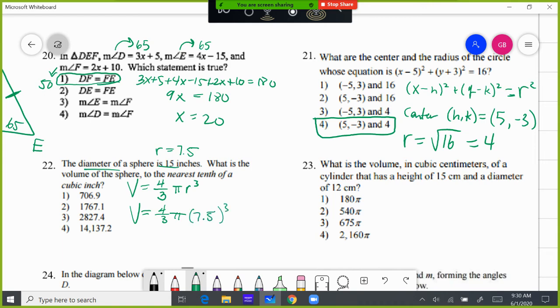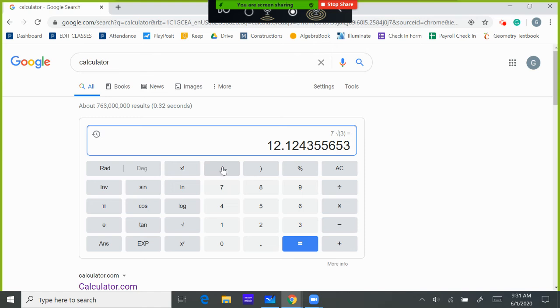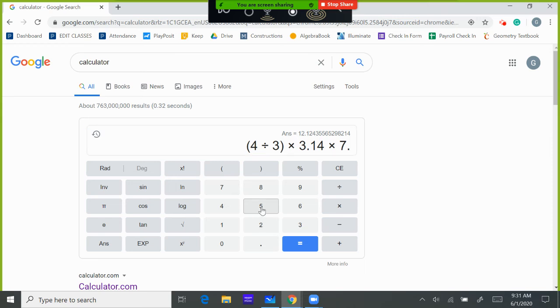Okay, so you definitely need a calculator here. So let's go back here. So 4/3, I'm going to put that into a parenthesis, times pi times 7.5 to the power of 3.